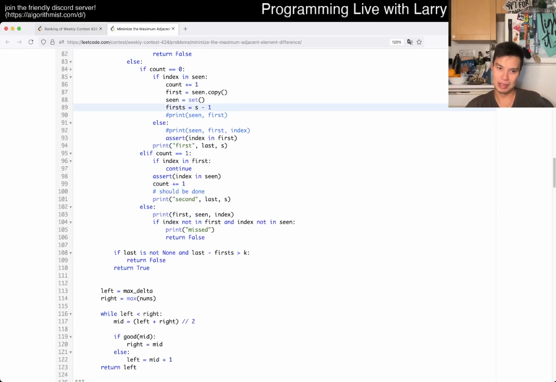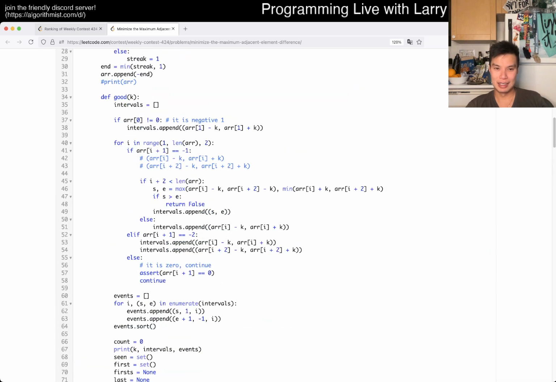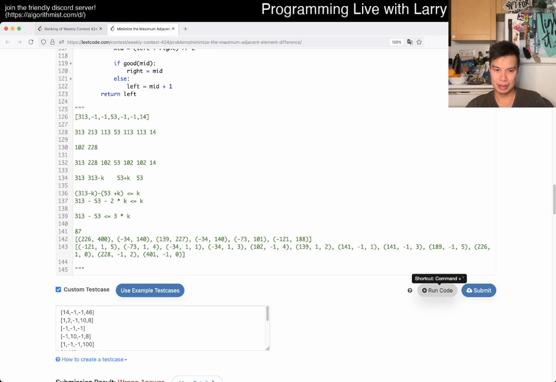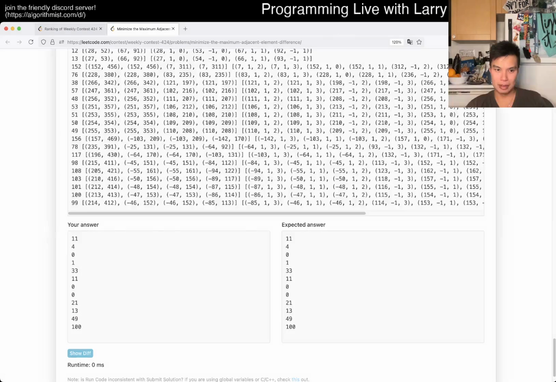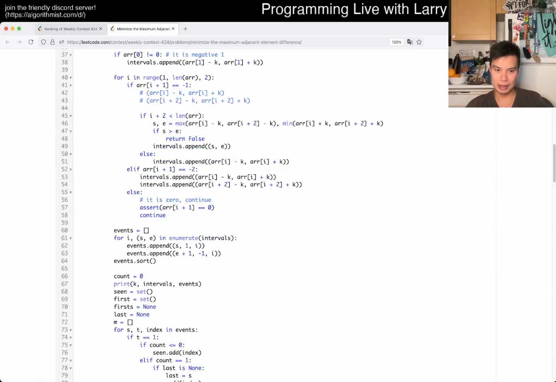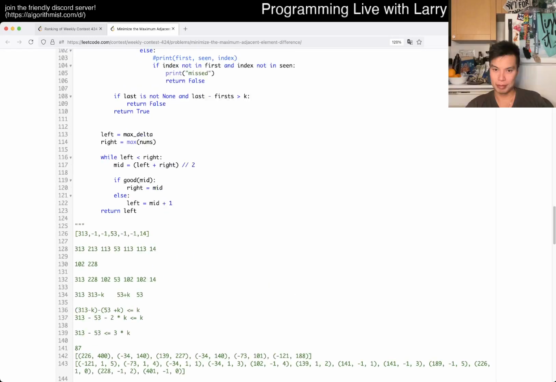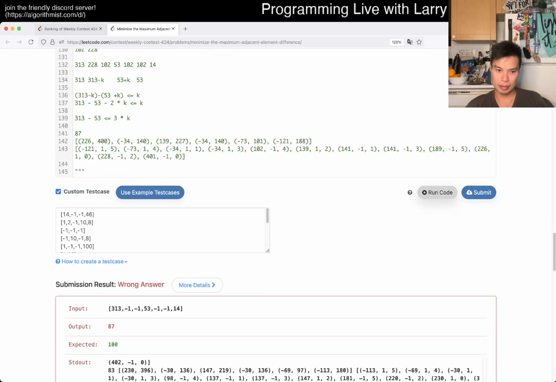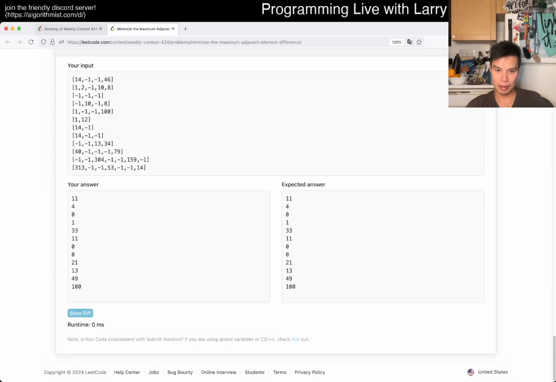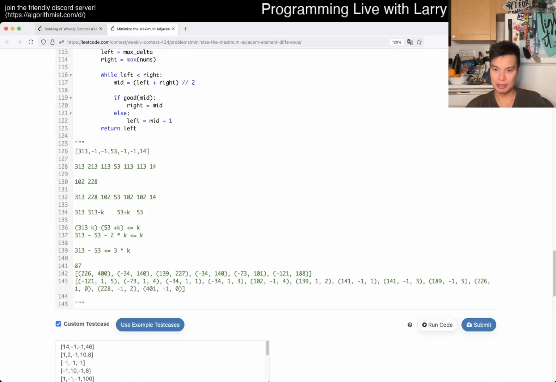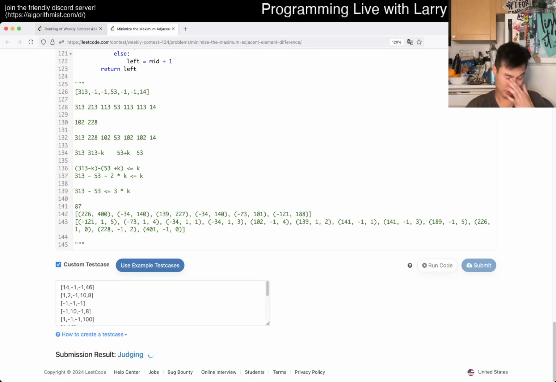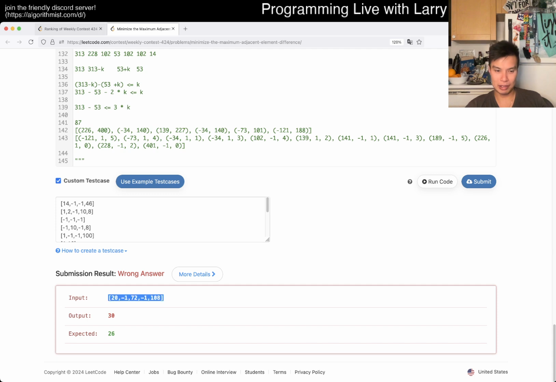I spent so long on that. I have a print K here somewhere. Okay. Looks okay. Is it right there? I mean, you know, we got closer.